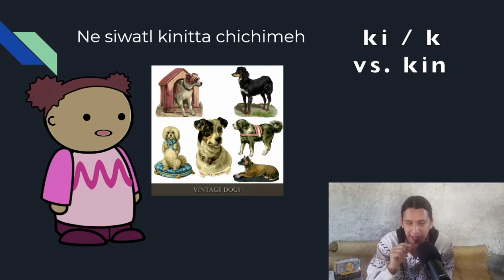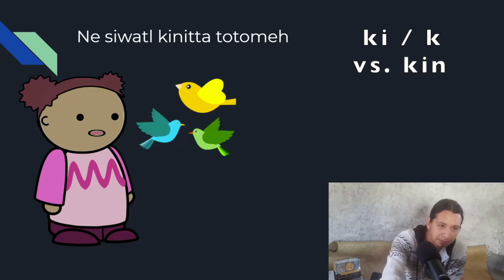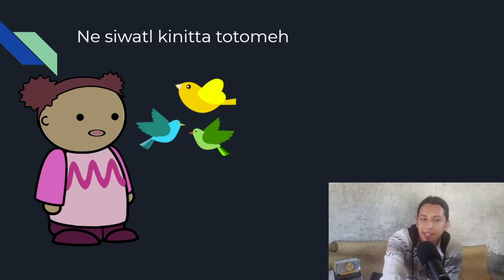Kin, with the n, is for multiple things that you're doing an action to. That's why we said kin ita totome. She sees the birds. It's almost like you're literally saying she sees them, the birds, but this is how you say it in Nahuatl. You could not say nesiwatl ita totome. Even though ita means to see, the word see by itself feels naked. It doesn't make sense.